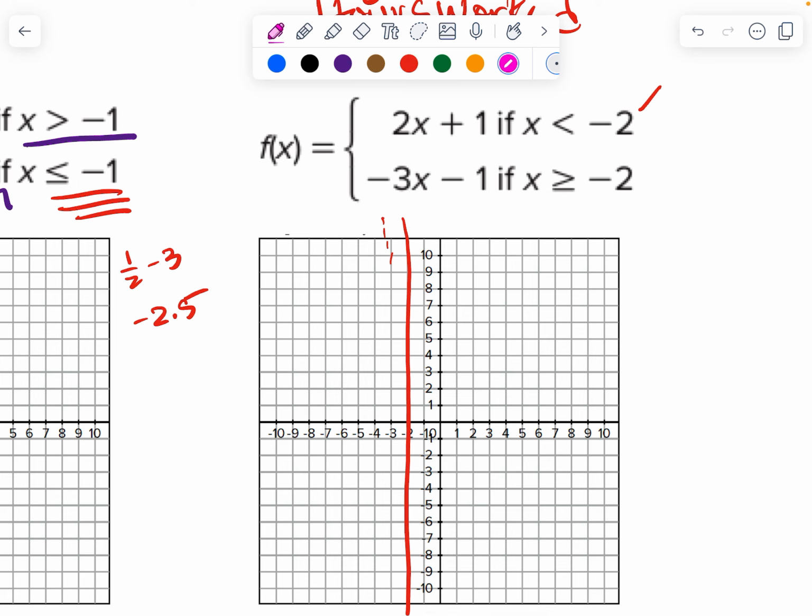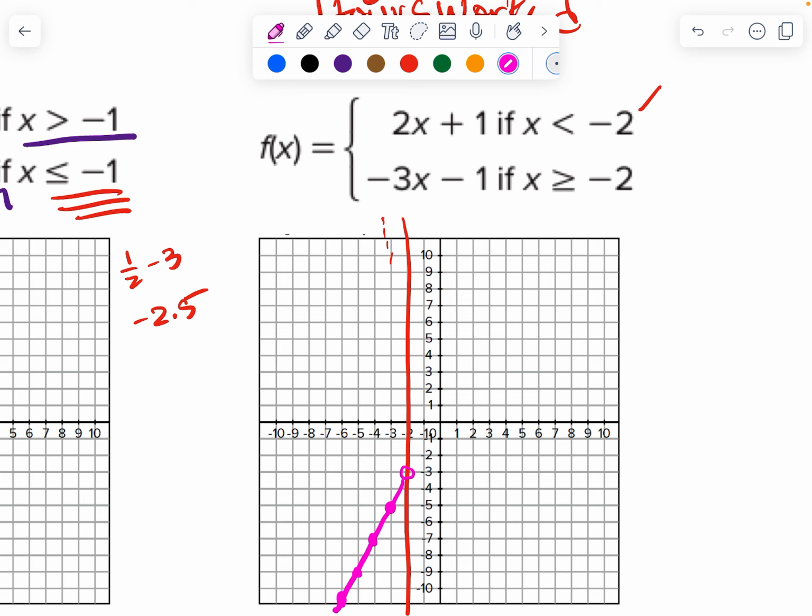So I'm going to do 1. This is going to be down 2 over 1, down 2. This is going to be an open dot, down 2 over 1, down 2 over 1. And these points are not existing.